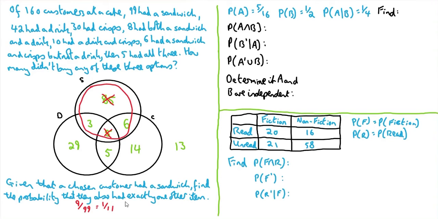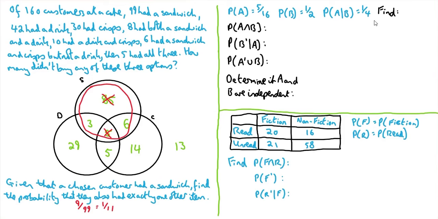Now, when it comes to these questions, you may not always have the Venn diagrams to work with. It might just be focusing on the notation instead, more calculation-based questions, the kind I alluded to before when talking about the given that notation. So up here, just on the right, we're simply told the probability of A is 5/16, probability of B is a half, the probability that A given B is a quarter.